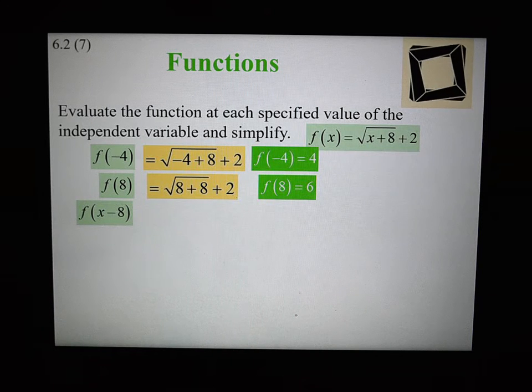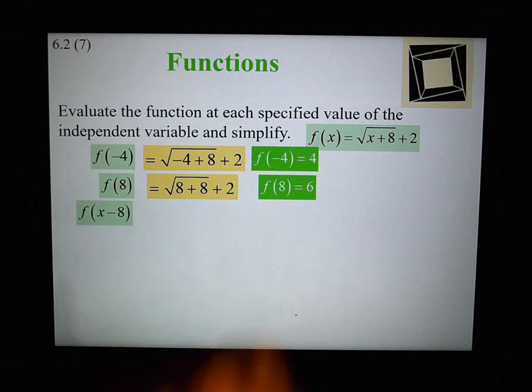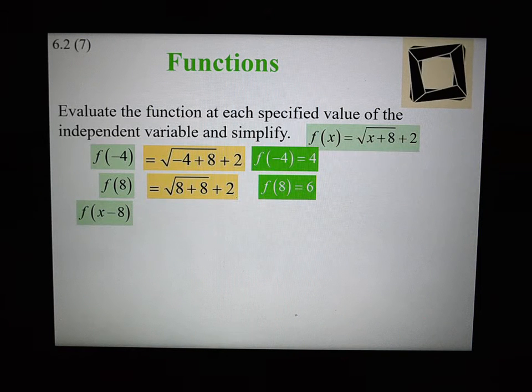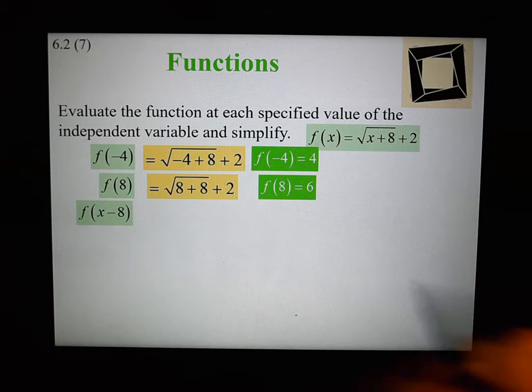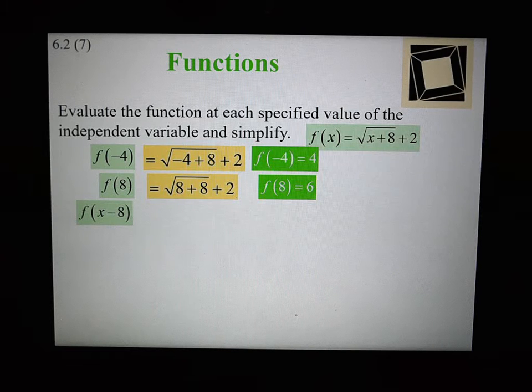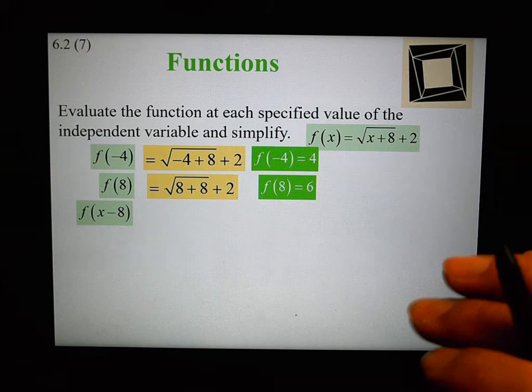How could I make it harder? I might throw in an x in there, but it doesn't change how you do the problem. You might have to plug in an x minus 8 into the function and simplify it. I hope you know how to do that. Hard for me to know how much time you need, so I'm just going to go ahead and go for it.